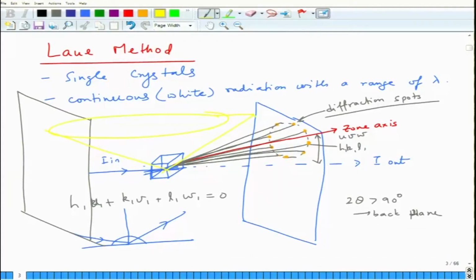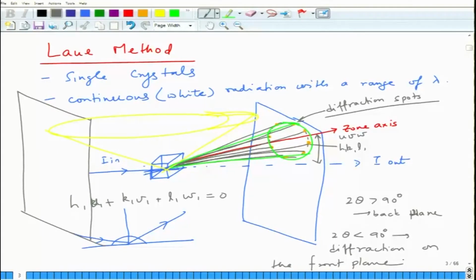This would be a very big, very wide diffraction cone, whereas for this case the diffraction cone is this kind of cone. So for 2 theta greater than 90 degrees you will have the back plane, and for 2 theta less than 90 degrees you will have diffraction on the front plane.